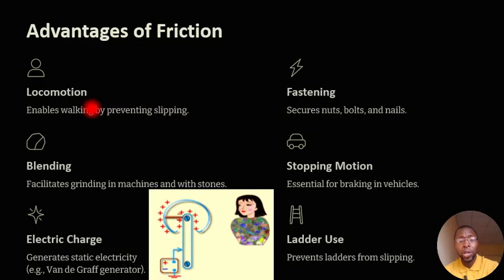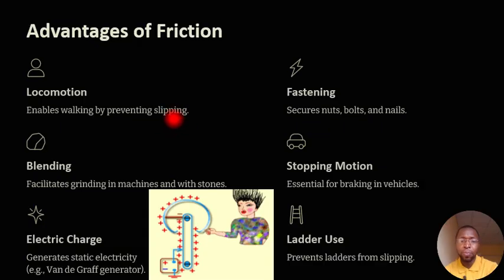It is because of the friction between the sole of your feet and the ground, because there is friction between the two surfaces, that is why you could walk on the ground. If there is no friction, once you place your feet on the ground, you slip and fall because there is no friction. So friction helps in locomotion, that is, helps in movement and prevents slipping off.